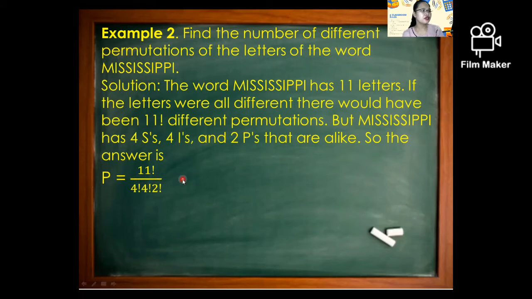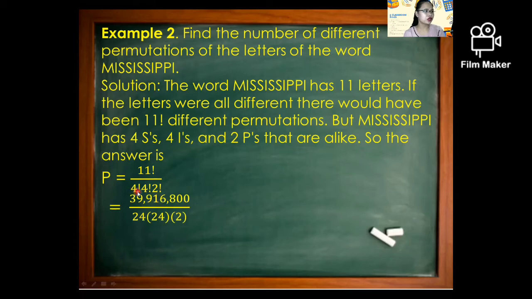11 factorial over, ano ba yung mga naulit? Naulit yung S, ilang beses siya naulit? 4. Naulit yung I, which is 4 times din siya naulit, so that is 4 factorial. Naulit yung P, which is 2 times naulit, so that is now 2 factorial. Then, ang 11 factorial is equal to 39,916,800.